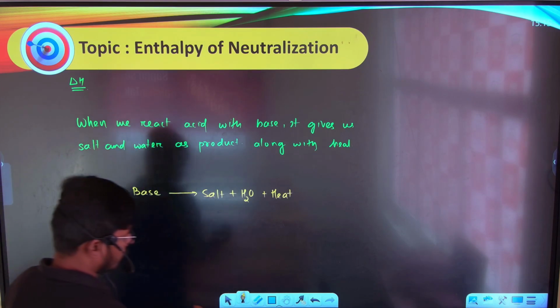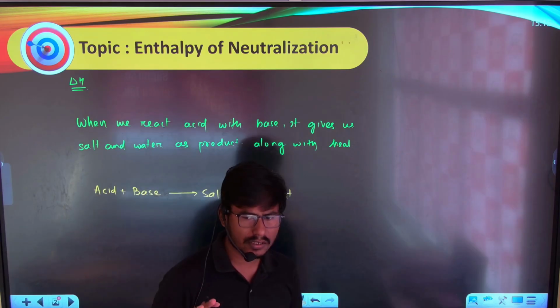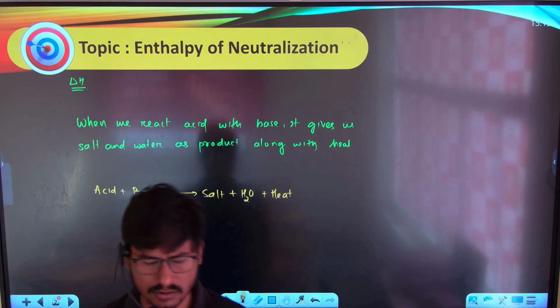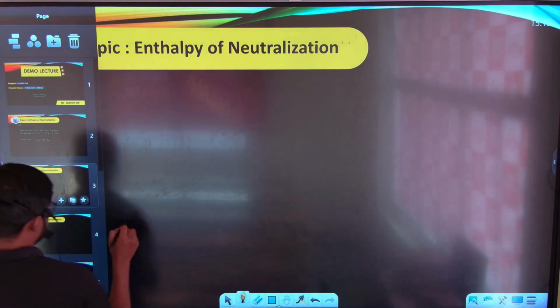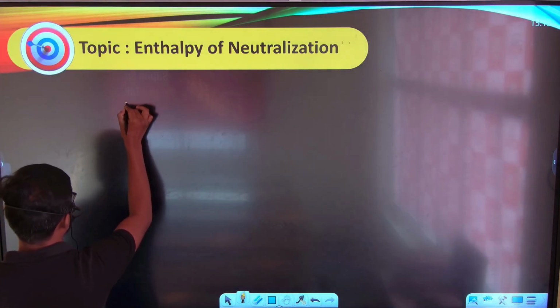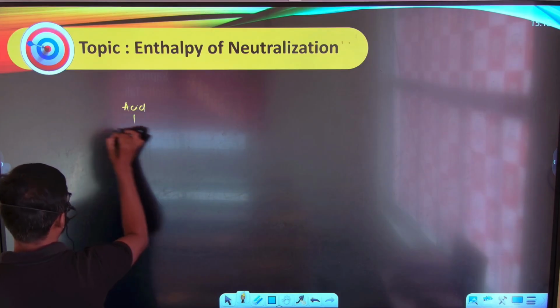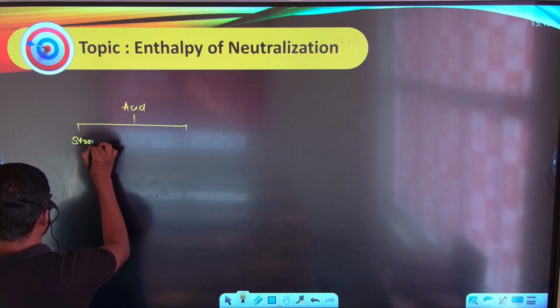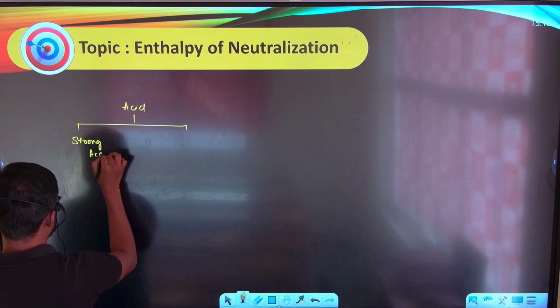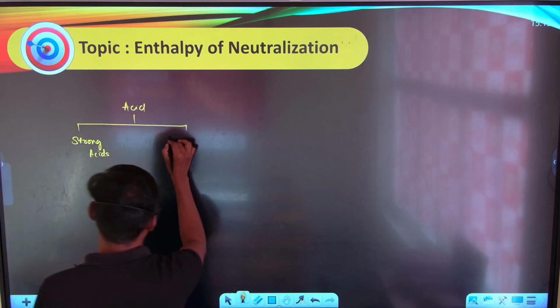Majorly we will see four types of neutralization reactions. If we consider acid, there are two types of acids: strong acids as well as weak acids.